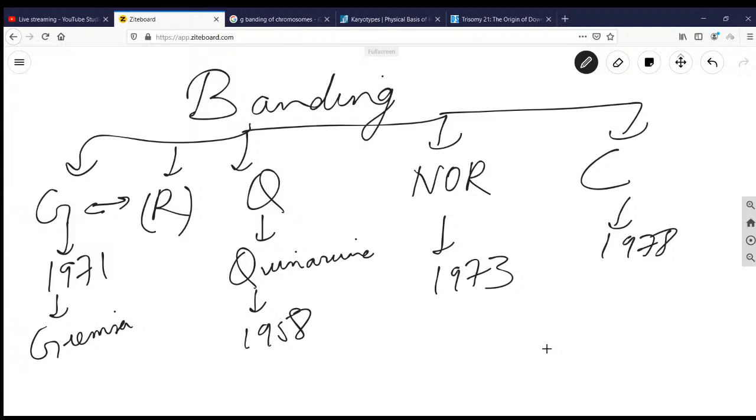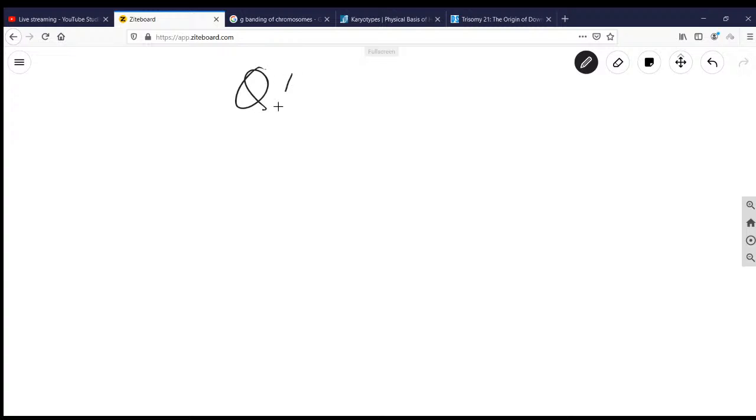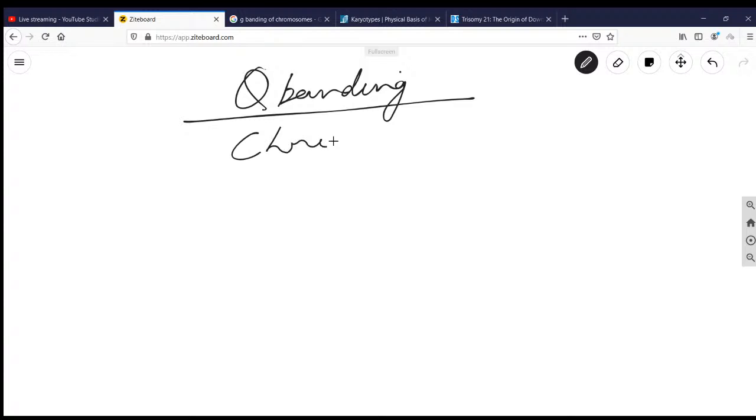Now when we go for the Q banding pattern, I'll tell you each banding. For Q banding, we take the chromosome at the metaphase stage. These are given in your book, the different banding techniques. Then we stain it with quinacrine mustard stain.